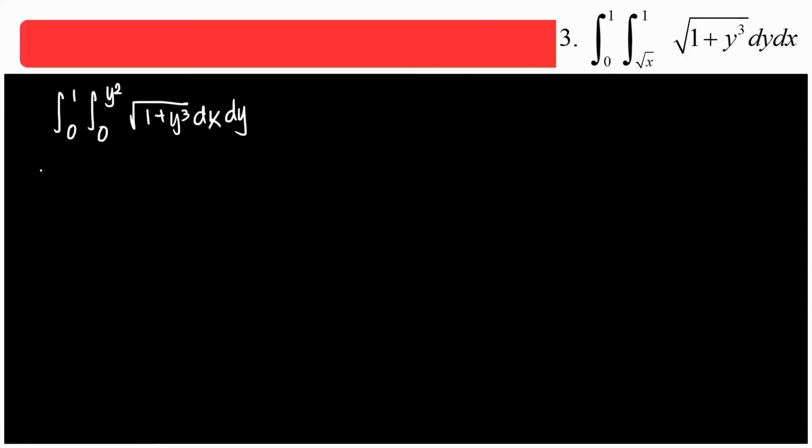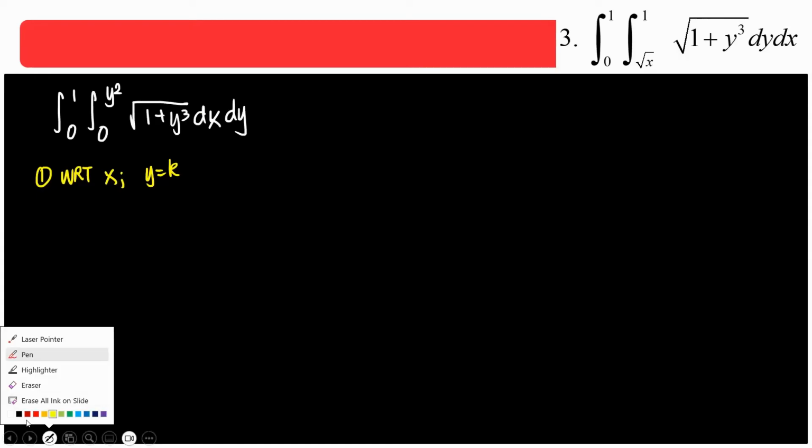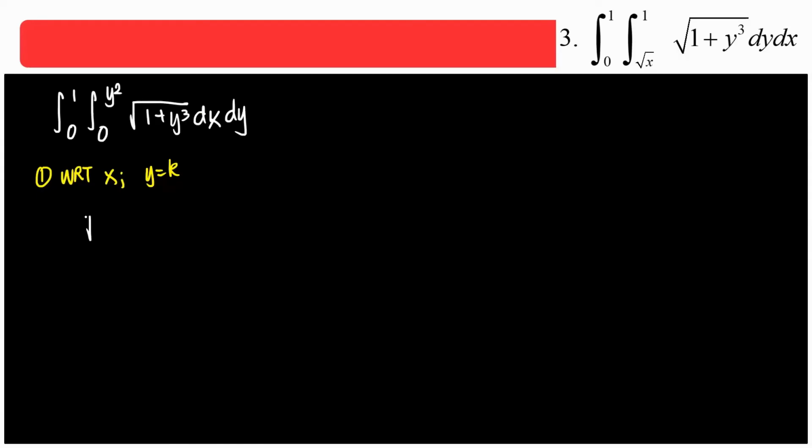So let's go to the first one. With respect to x, where y is constant, the whole thing is constant now. So I can say 1 plus y cubed integral from 0 to y squared of dx, right?